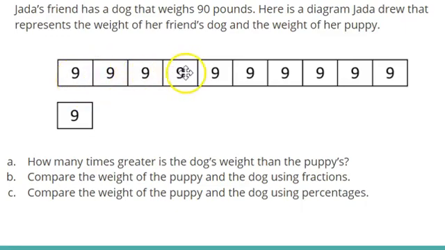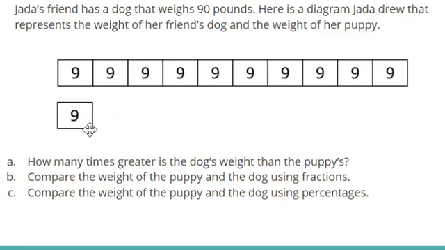How many parts do we have here? Altogether, we have 10, and we have just 1 for the puppy. So the other dog is 10 times as big as Jada's puppy.